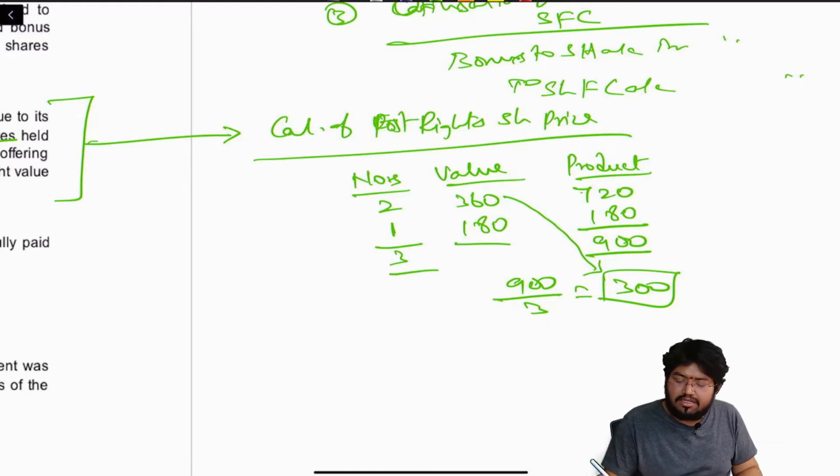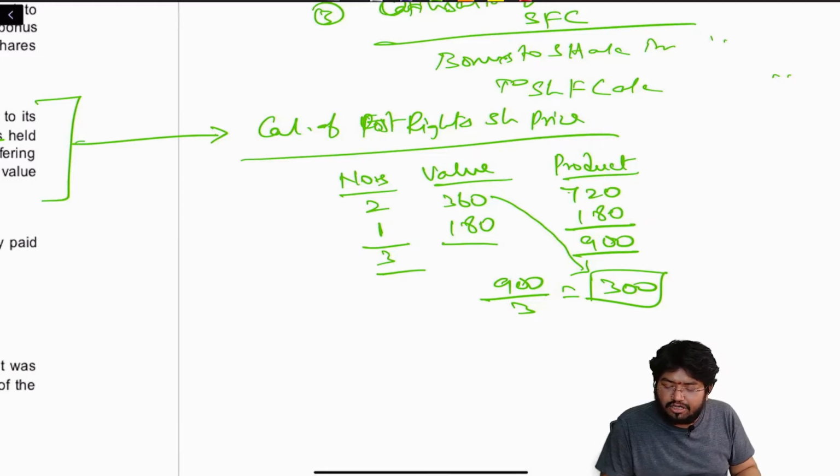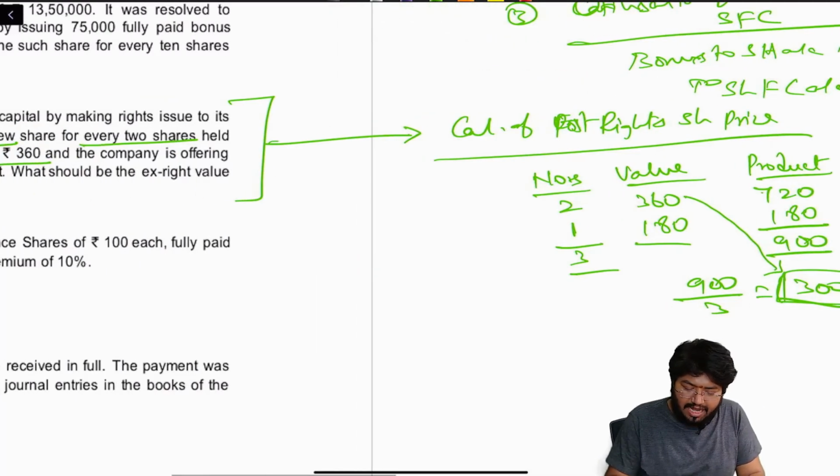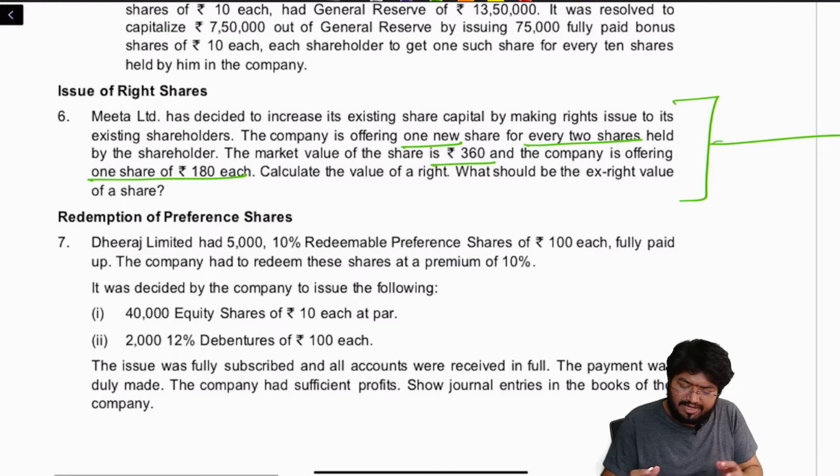Okay, so that is the reason your market value per share will fall down. He is asking you what is the fall in value only, that's all. This is the solution. Okay, so in your RTP, if you go through the solution, it will be a long calculation, but to keep it short, this is how you do.